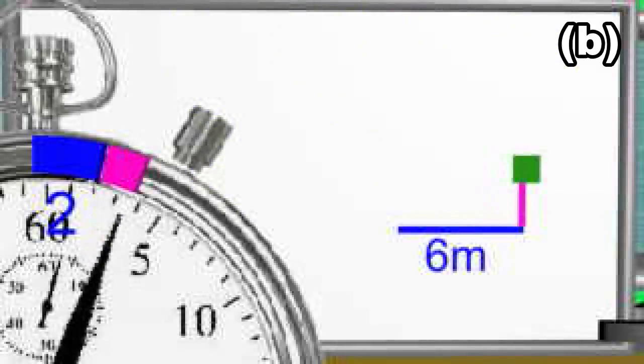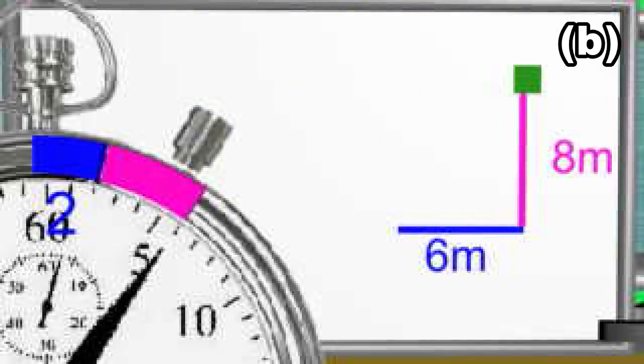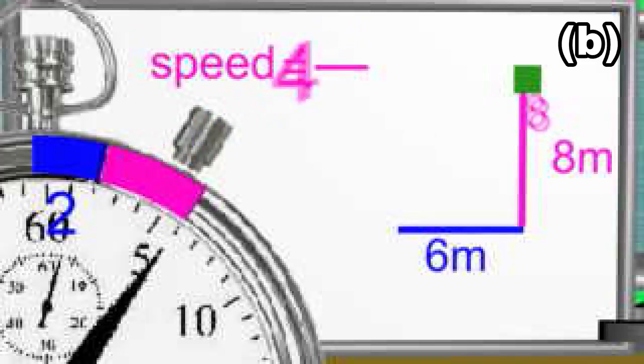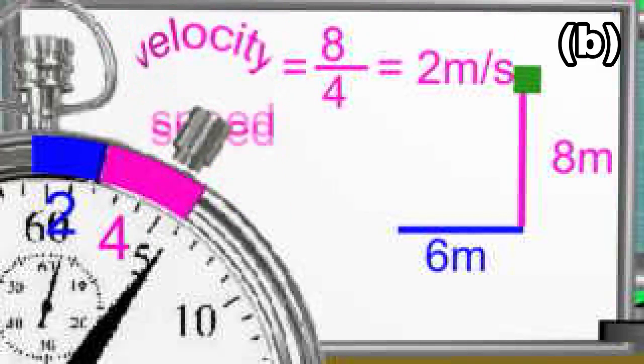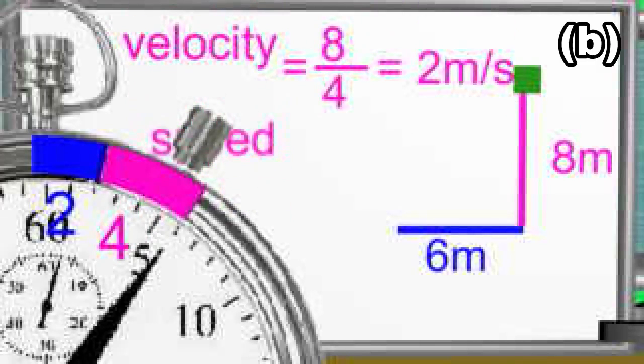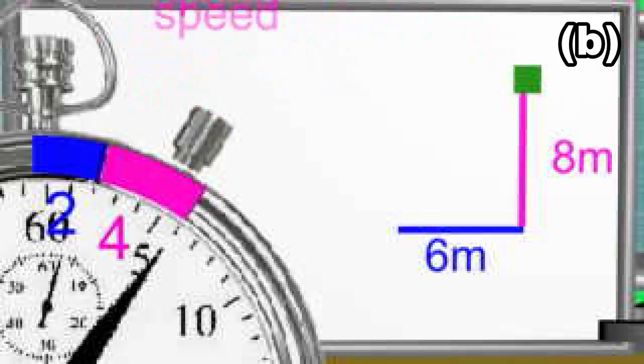In the next 4 seconds, the moving object moves by 8 meters. Because the body has taken a straight line, the displacement and the distance are both equal. That means 8 meters, so we have. In this case, speed and magnitude of velocity are equal.